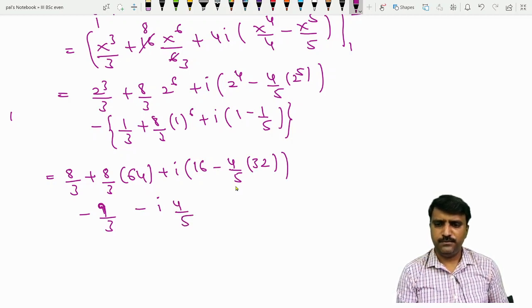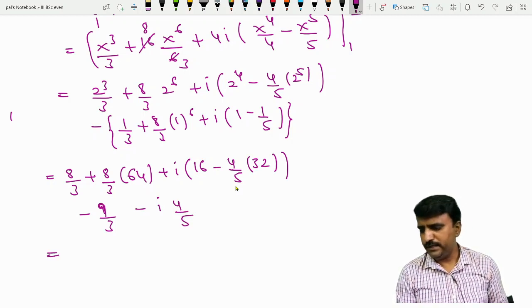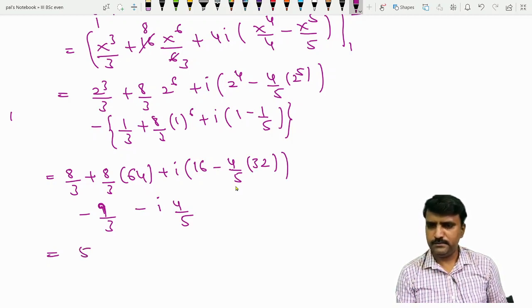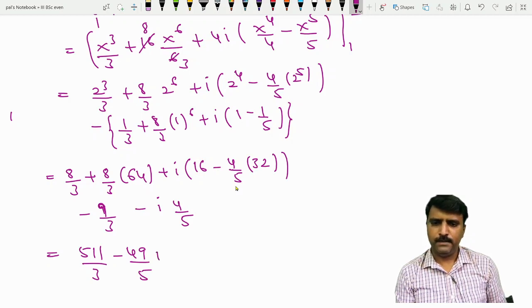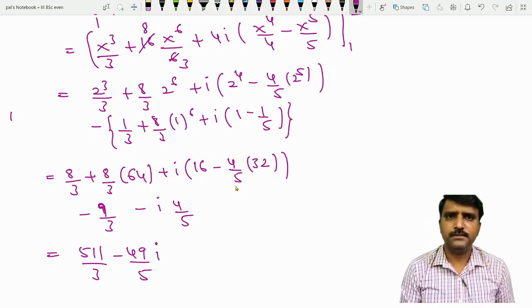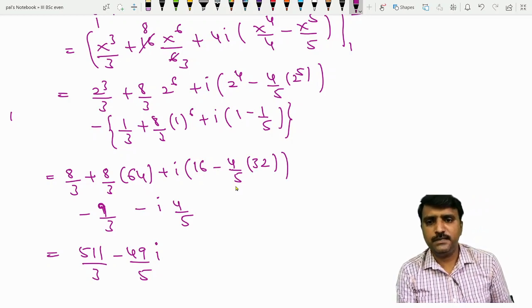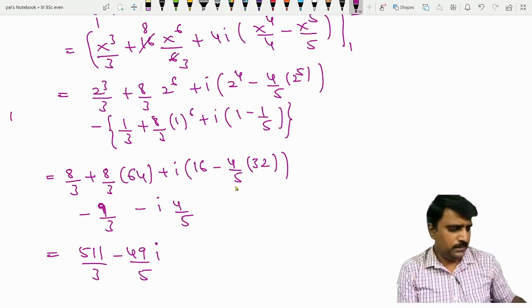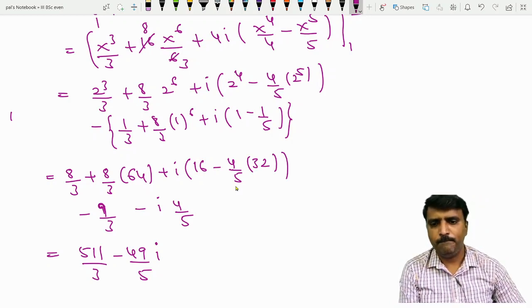Let's go on simplifying this. It finally gives 511 divided by 3 minus 49 divided by 5i. Yes, go and check your answers and confirm the result. It is very simple high school mathematics.